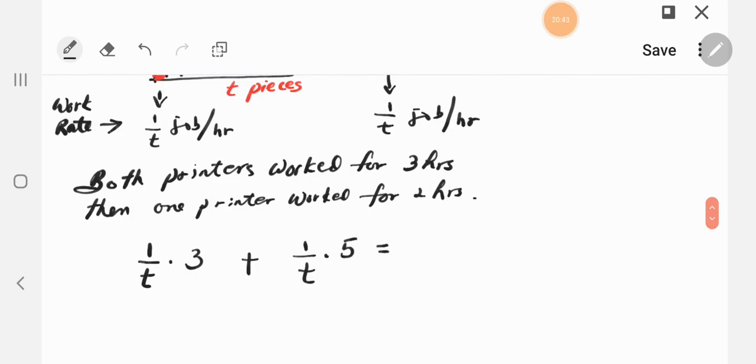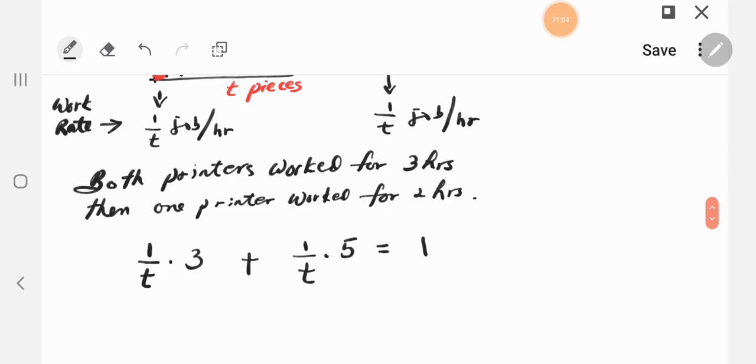Since both worked for this many hours to complete one job, the first printer worked 3 hours and the second printer worked 5 hours to complete one job. So we have an equation like this. Work rate times the number of hours gives the work done.